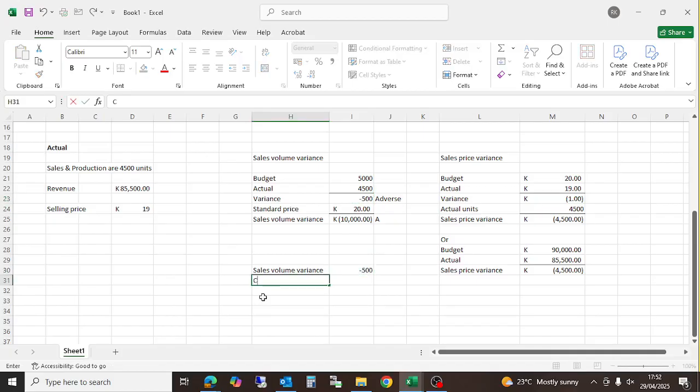And then we bring in the standard contribution, which is the difference between the selling price and the variable cost. Our standard contribution is 5 kwacha. You remember how we got the 5 kwacha?